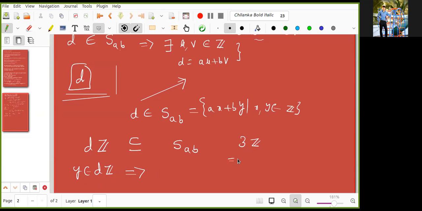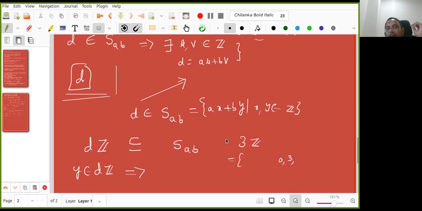What does it contain? It contains all the multiples of 3, right? Yes. Now I'm telling you some y belongs to 3z. What do you mean by that? y belongs to means one of the elements is y. Okay. What do you mean by that again? y is a multiple of 3, right?